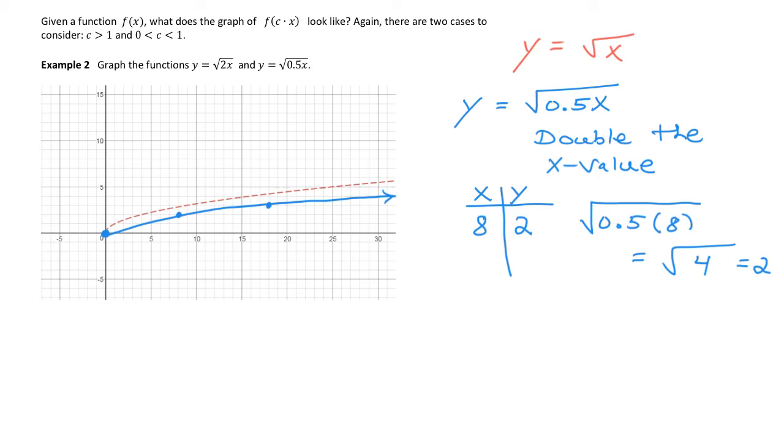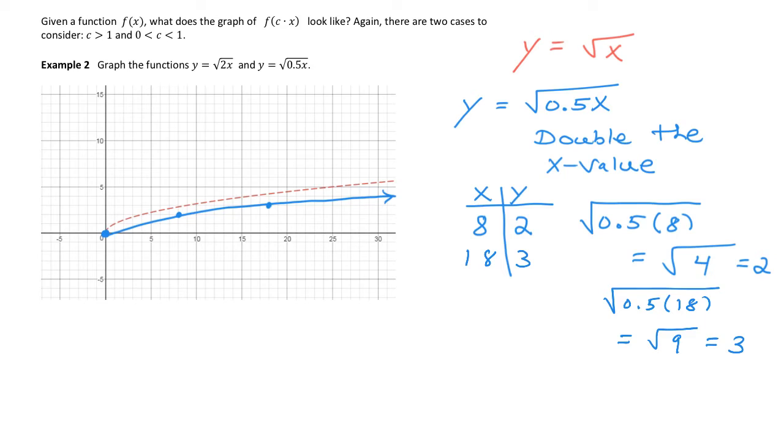Doubling it, you kind of want it to cancel with the 0.5. So we can check this out with the other value, 18, 3. If you put 18 into this function, that's the square root of 0.5 times 18. But 0.5 times 18 gives me 9, and the square root of 9 is 3. So that's why the value is going to be 18, 3.